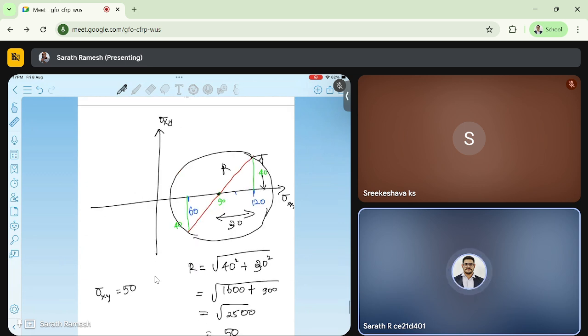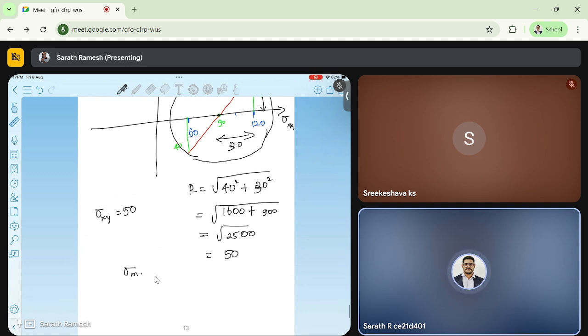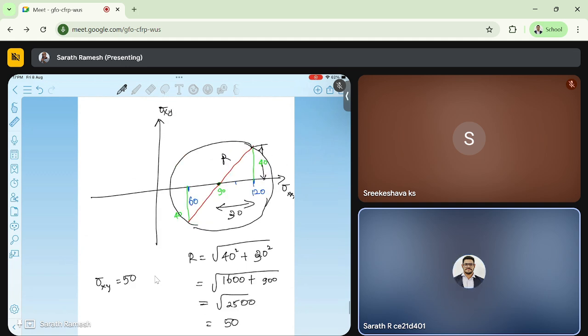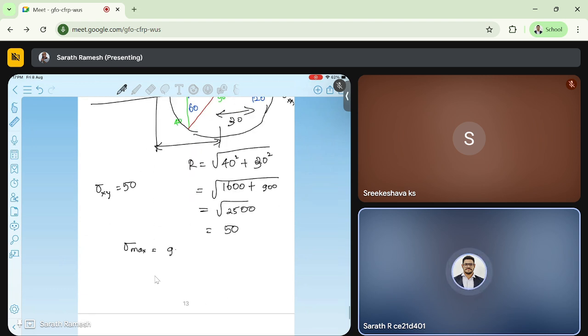So sigma max is the radius plus this distance. This distance is already the center, which is 90, plus 50, which is 140. Same answer.